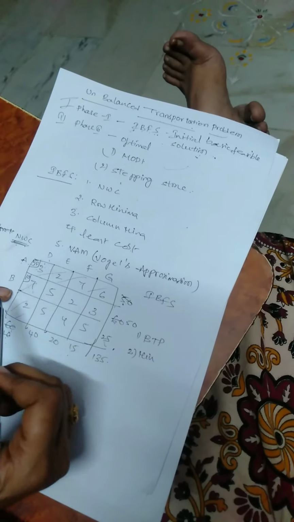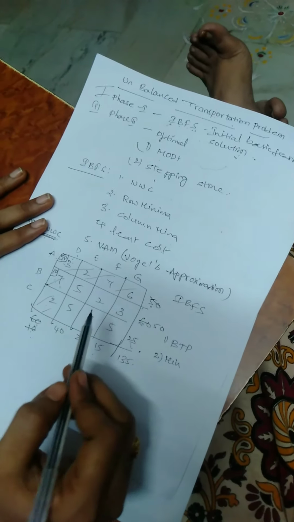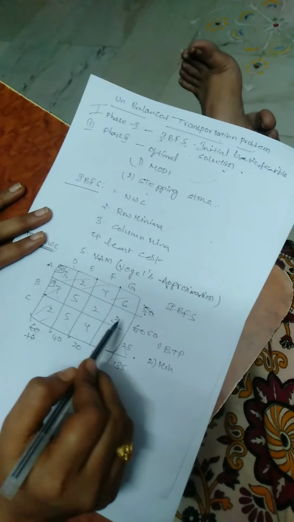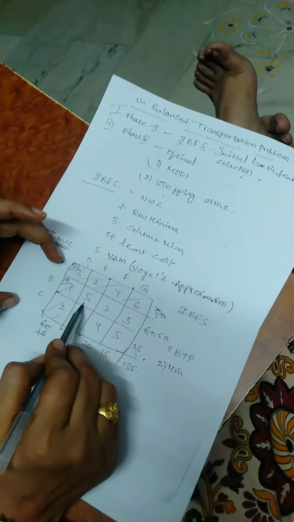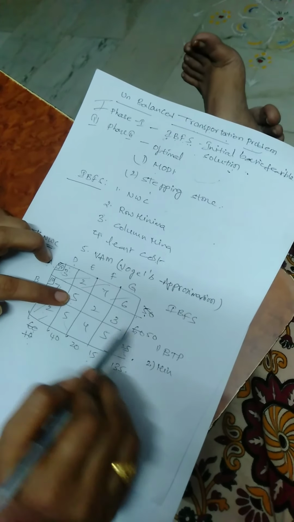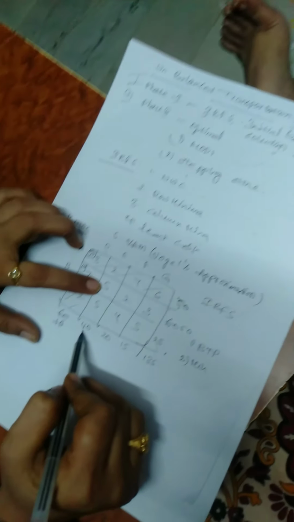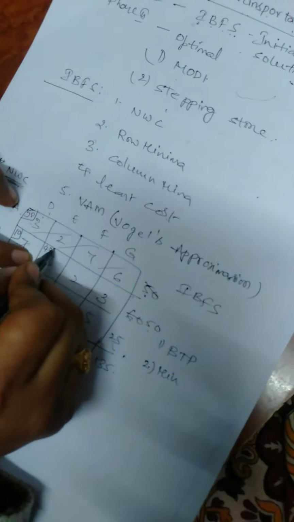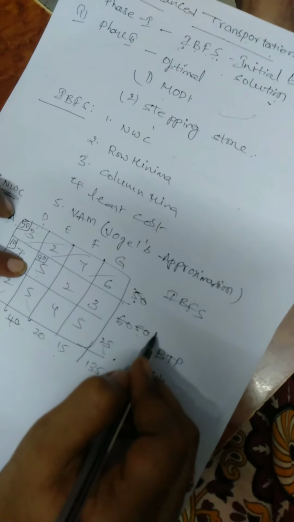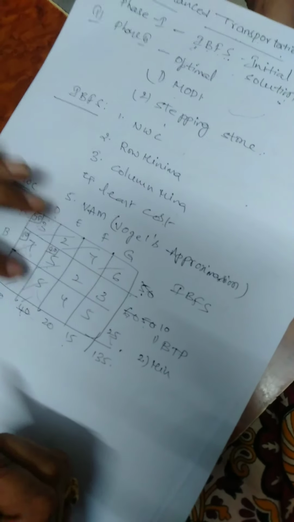So this column is also over because the total demanded units at the destination are already allocated, therefore no need to consider the first column. Coming to the leftover matrix, again the northwest corner is 2 2. For this cell the supply is 50 and demand is 40 and the minimum is 40, and here 10 units are left over, and this column is also over.